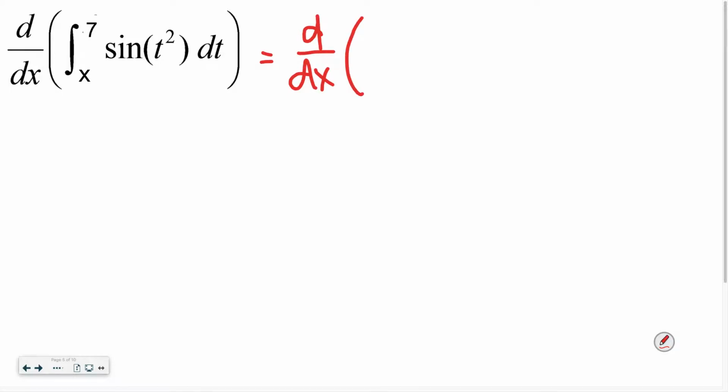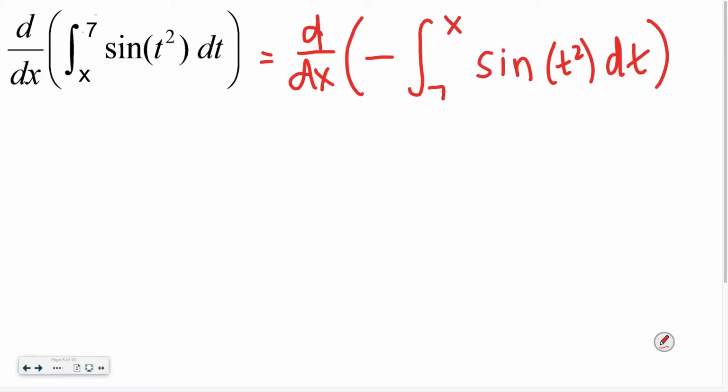Okay, so we do remember that when we swap our limits of integration, we negate the answer. So this is just negative sine of x squared.